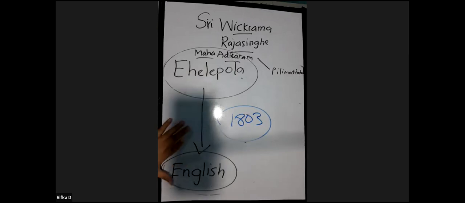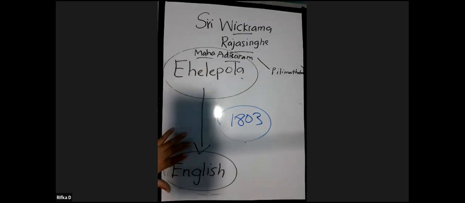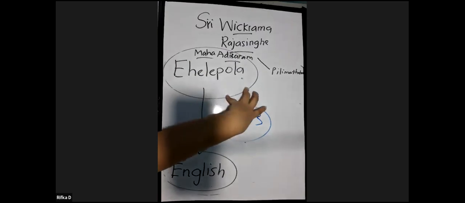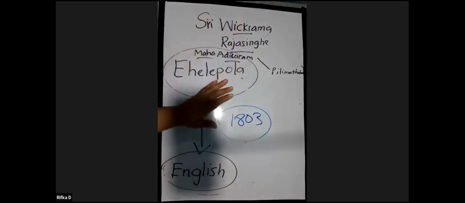Anyway, the English, who acted tactfully, sent their army to Kandy and arrested the king. After they signed the treaty that we call the Kandyan Convention, the Kandyan kingdom officially fell into the hands of the British.